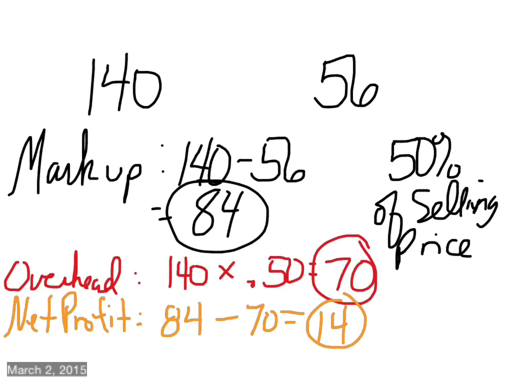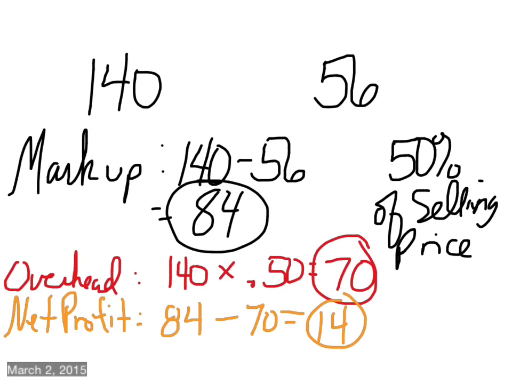Now the 56 is part of that cost, but the 70 would be how much for your employees, how much for your shipping costs, all that other fun stuff. Then you take the markup minus the overhead, and you made a net profit off of those shoes of $14. You're selling them for $140, but you only made $14 off it, and that's covering the cost of me hiring you to sell them.